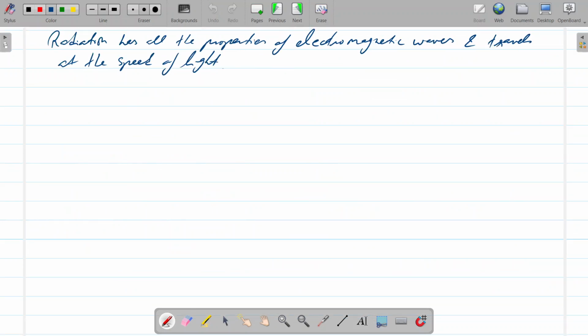Now, just like with good and bad conductors in terms of conduction, where you had good conductors and poor conductors, otherwise known as insulators, you have good and bad absorbers of radiation.